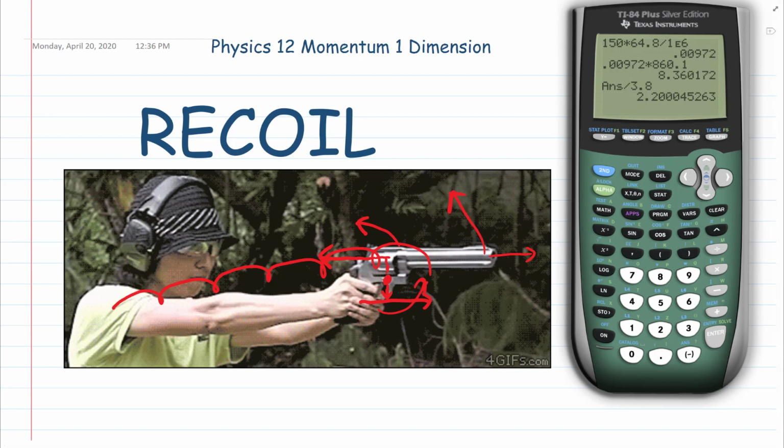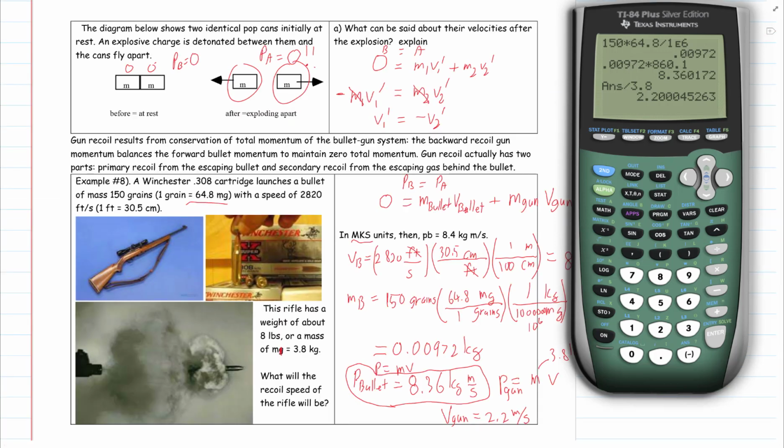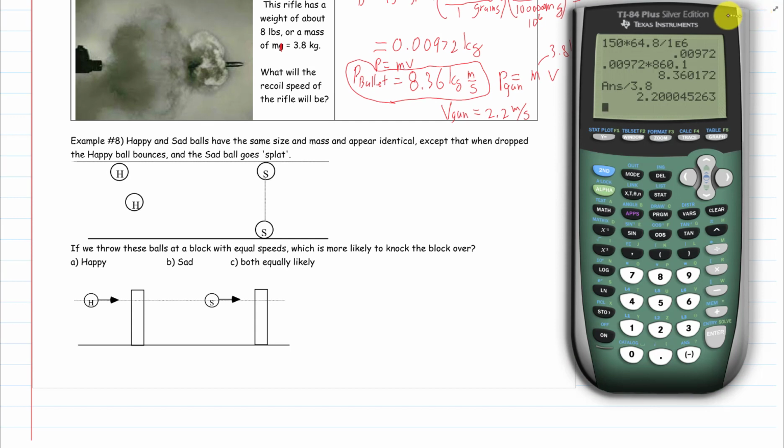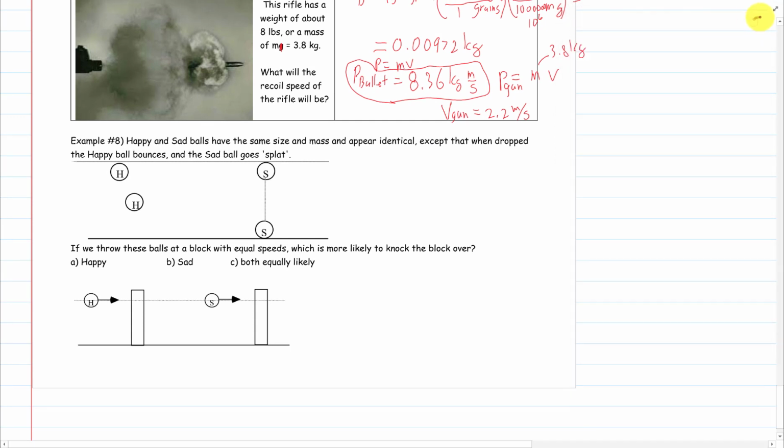Anyhow, there we go. Let's see if there's anything else. Some theory here to end off this lesson. The happy and sad balls here have the same size and mass and appear identical. Okay, so there's happy and sad.